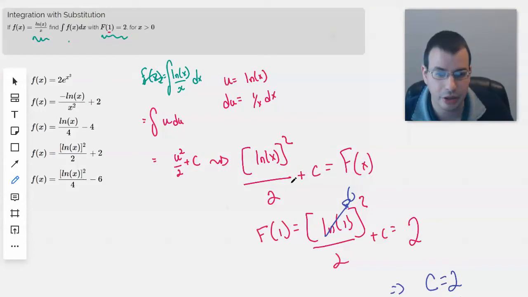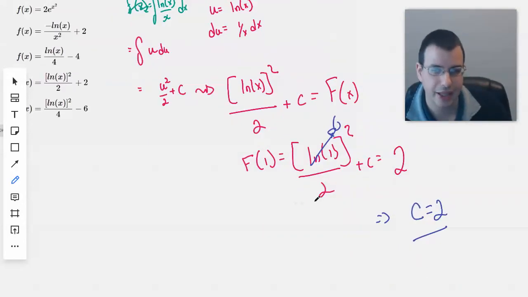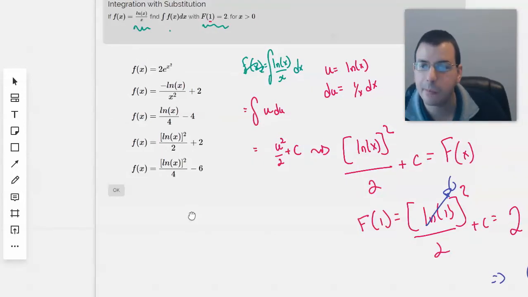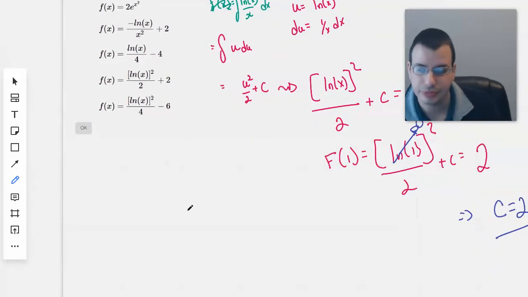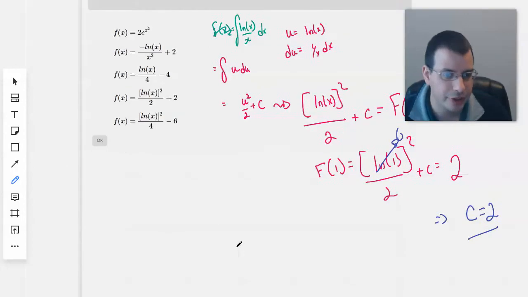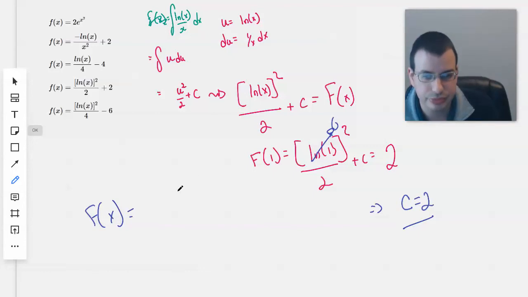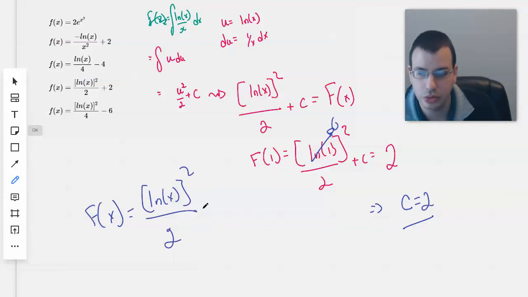So we go back up here. Then we have F of x equals natural log of x squared over 2 plus 2.